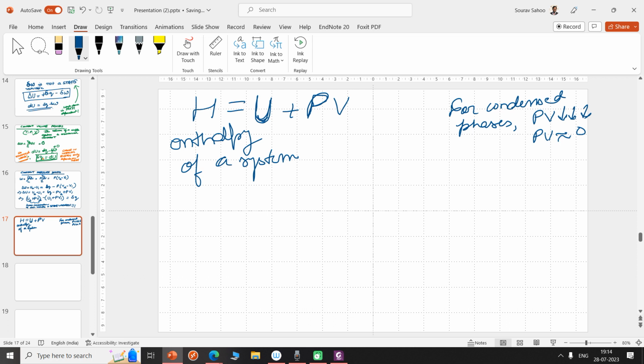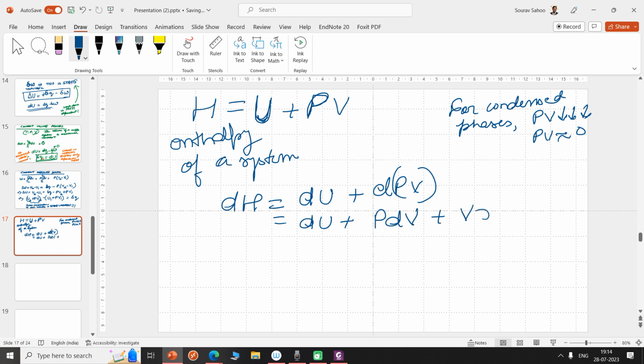Okay, so if I just take the integral of it, what we'll be having is, applying the chain rule that we had done earlier, and since here the pressure is constant, the dP terms go to 0.